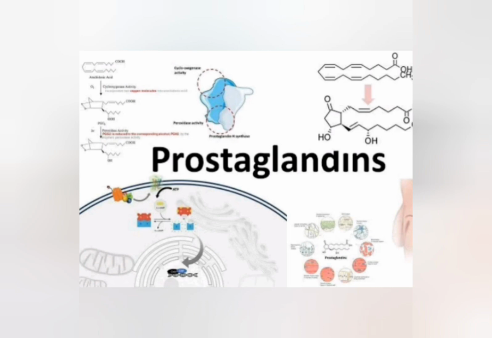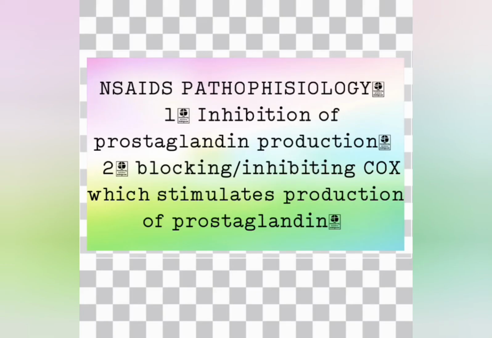So the body produces more prostaglandin when there is injury or infection. What NSAIDs do is reduce the production of prostaglandin, so that there will be no inflammation at the site of infection or injury. That's the mechanism of how NSAIDs work.